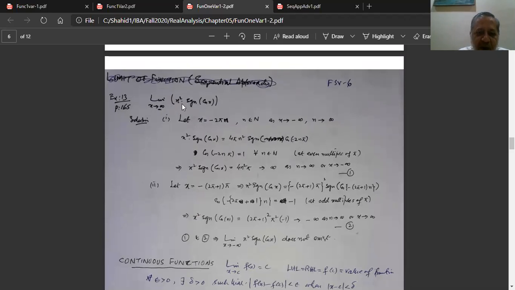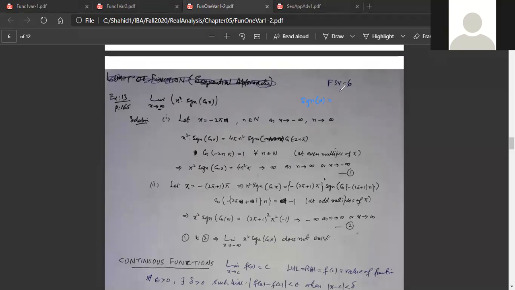Function given is x square signum cos x. Do you remember signum function? Wait, anybody remember signum function? No, sir. Arey wow.